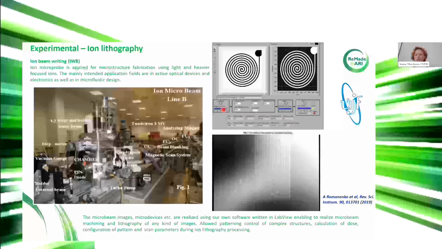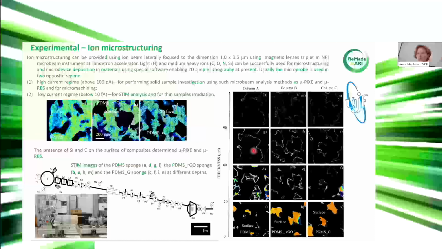And we can use either a very low current regime with femtoamps for scanning transmission ion microscopy. So if I have a very, very thin porous sample, I just let the protons go through this sample, and we can see the surface and the depth, as here is the depth scale, the development of the pores, how the porosity looks inside the whole sample.